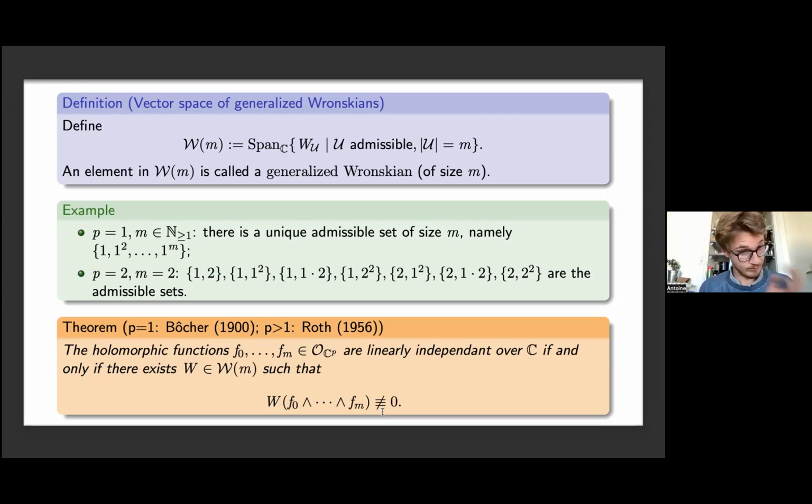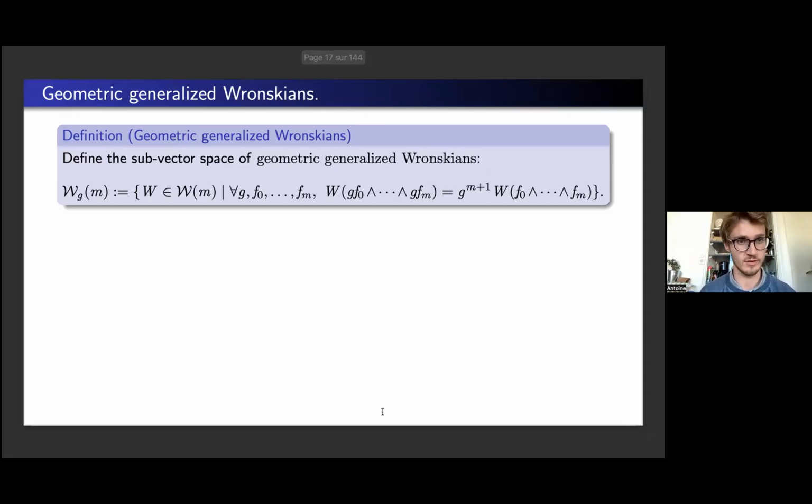So for the talk, we will consider only a subfamily of the generalized Wronskians that will allow a geometric construction, which we will do later on in the application. So the family is the following. We consider simply the following subvector space.